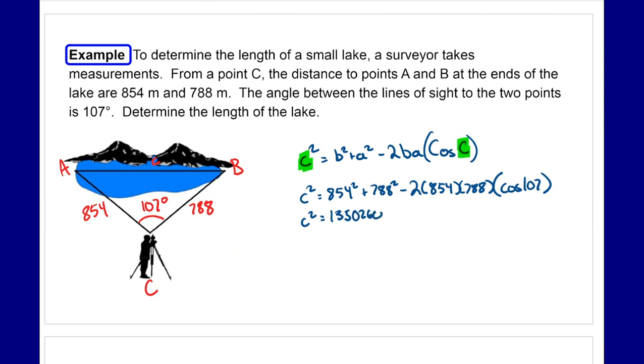and 260. Minus, so 2 times 854 times 788 times cosine 107, we get negative 393,504.25.